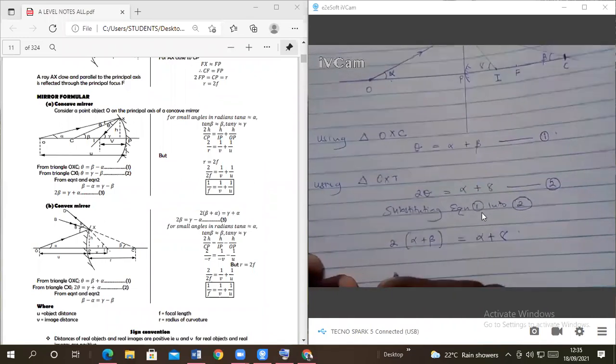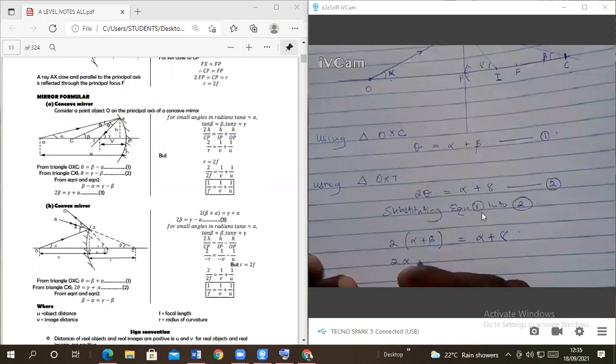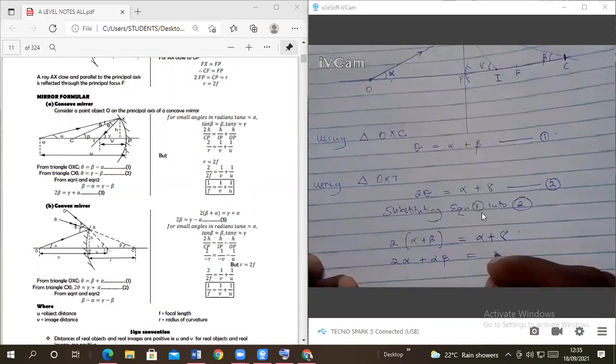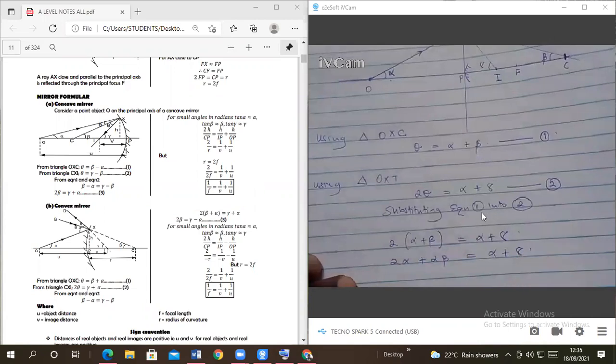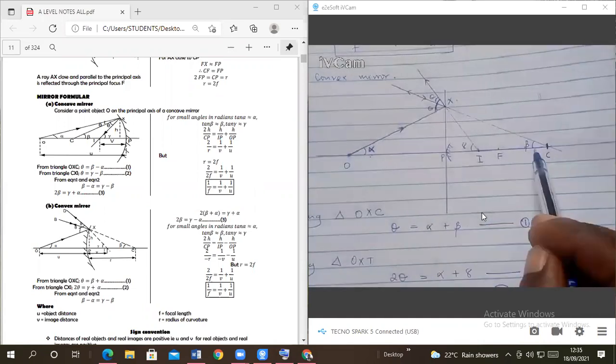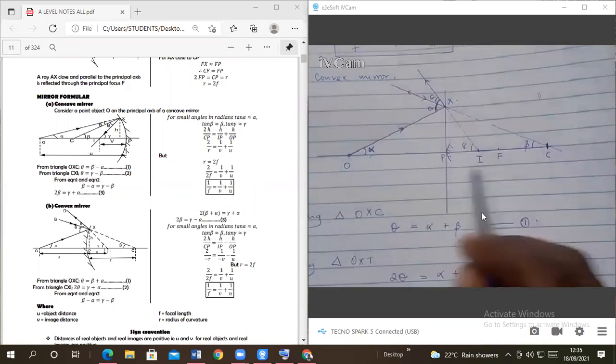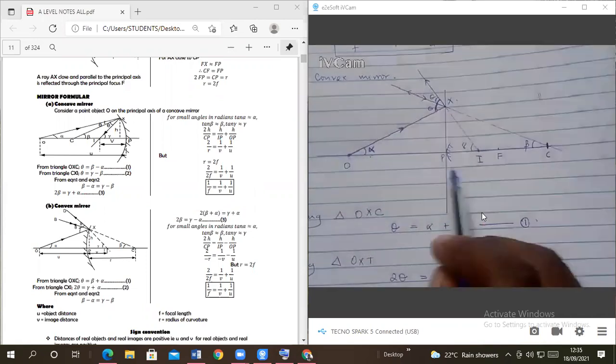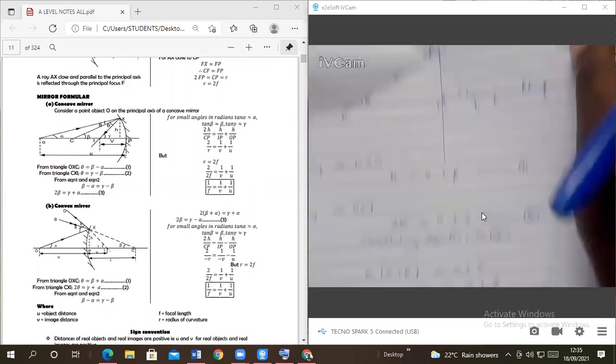So it means that we shall have 2 alpha plus 2 beta equals alpha plus gamma. The most important thing is to make beta the subject, because beta is the one that has the C. This is where we shall get the F, because it is the radius of curvature, and radius of curvature is twice F. So that's why we make beta the subject.